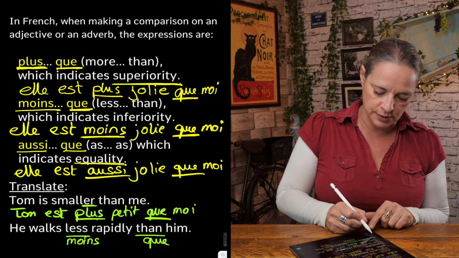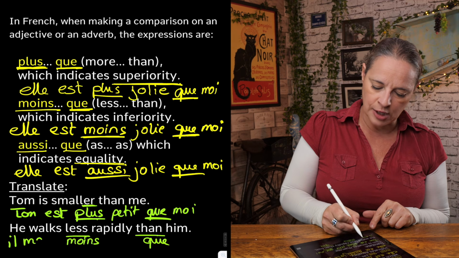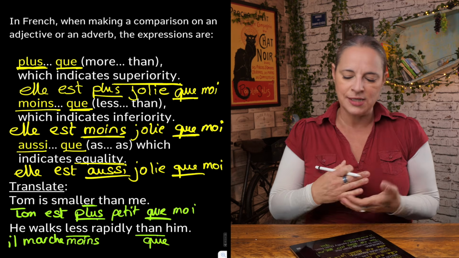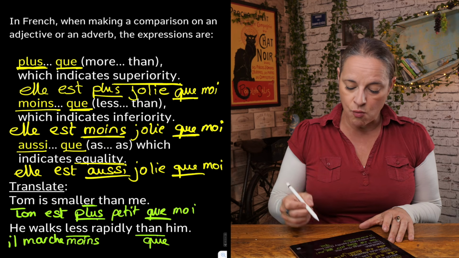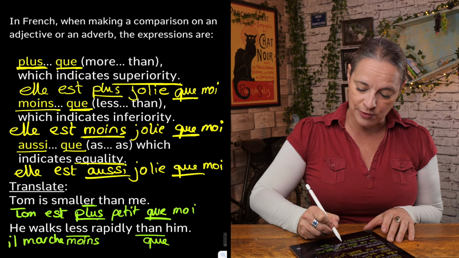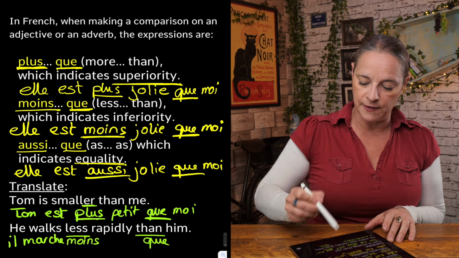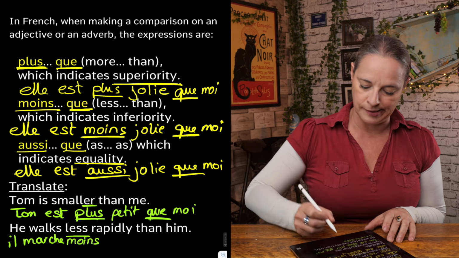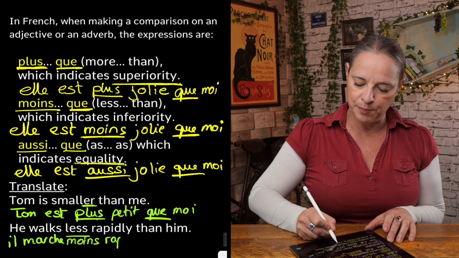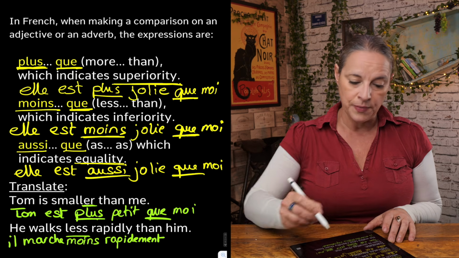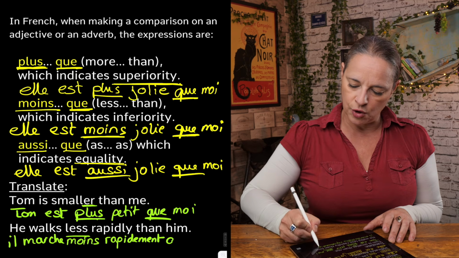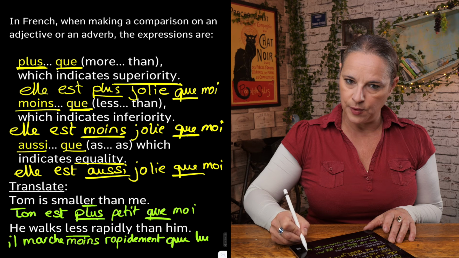So he walks. Il marche. And we want to say he walks less rapidly than him. Okay, il marche moins rapidement, and then que lui, okay?